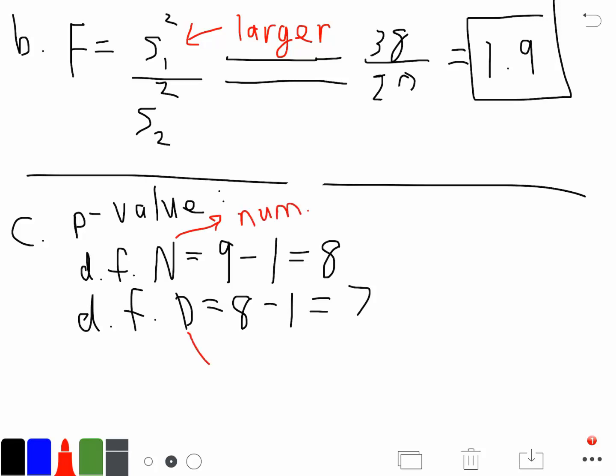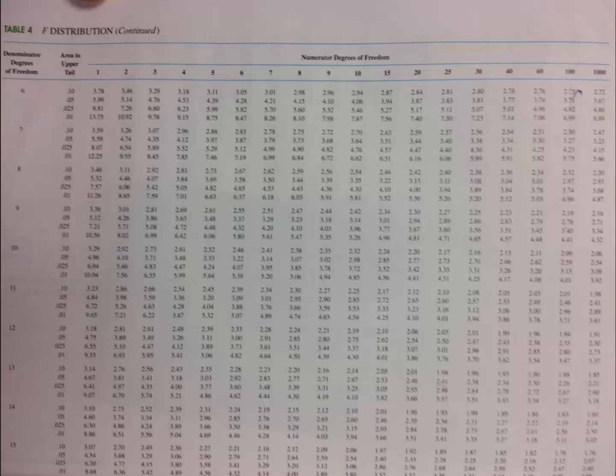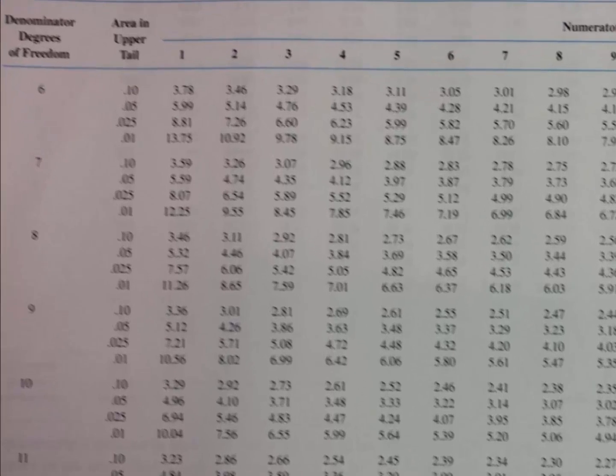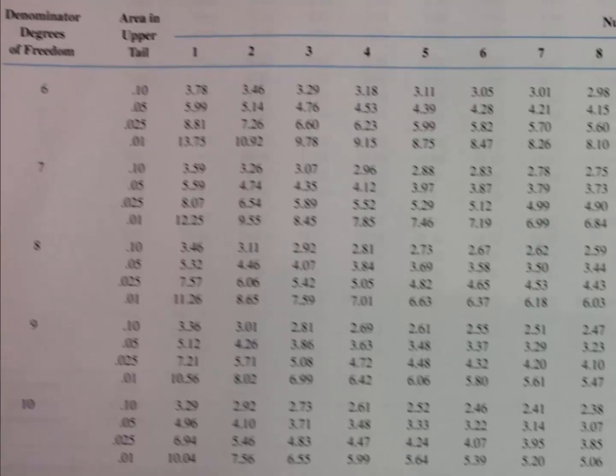So now we can go ahead and look this up in the F table with the degrees of freedom. Numerator is 8, degrees of freedom denominator is 7. And we find out that our p-value is between two different numbers. If we look at this, we see that the p-value would fall somewhere between 0.1 and 1.